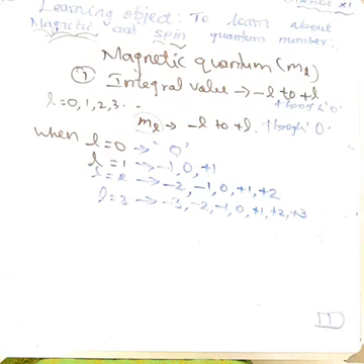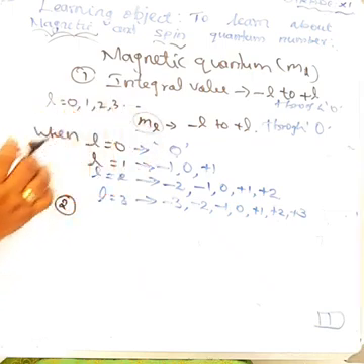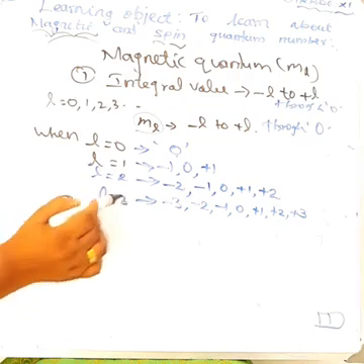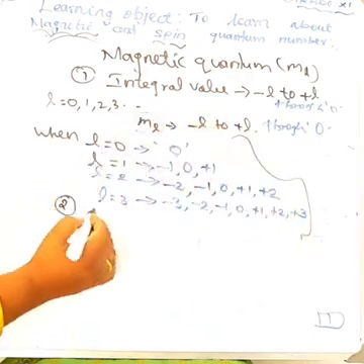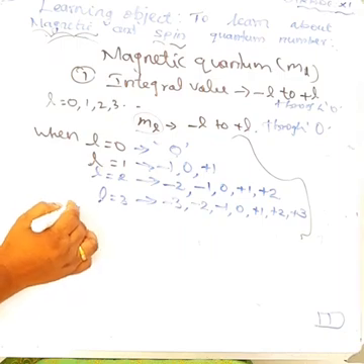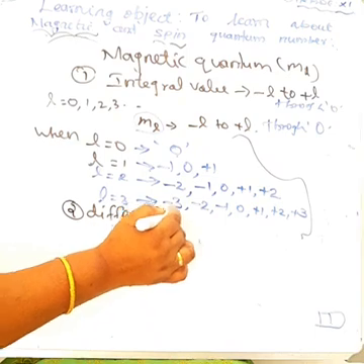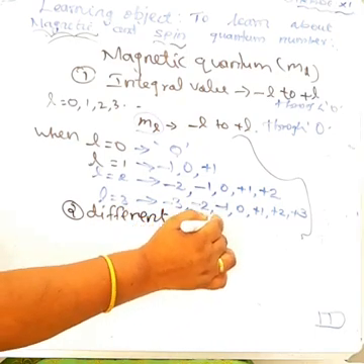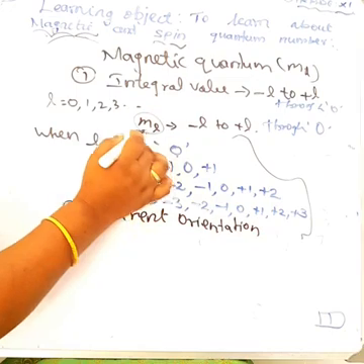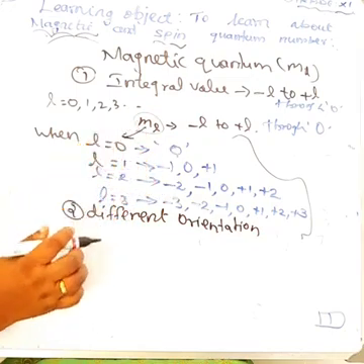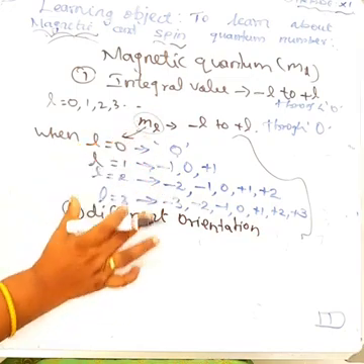This is about the integral values of the magnetic quantum number. Understood? This is the first point. And what about the second point? The different values of m for a given L value represent different orientations of orbitals in space. For a given L value, the orbitals have different orientations.